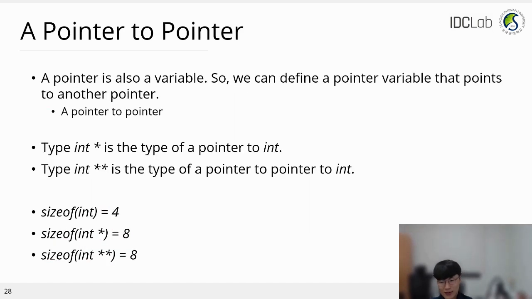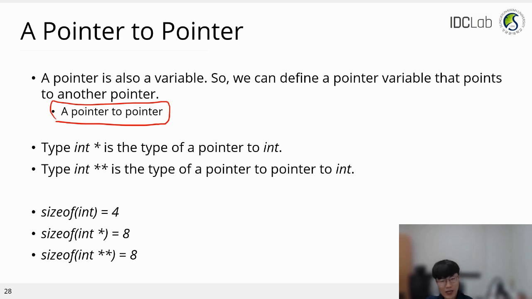And here comes a more complicated thing, a pointer to pointer. A pointer is also a variable. There is nothing special. It can just store the memory address, which is 8 bytes of data. So we can define a pointer variable that points to another pointer. Yeah, things get difficult.